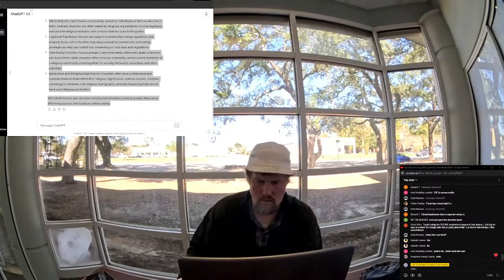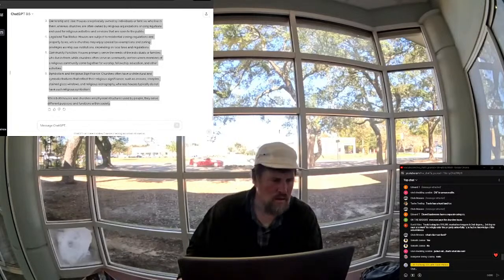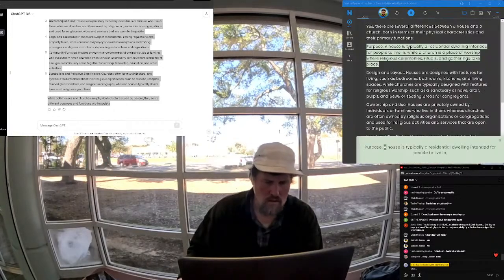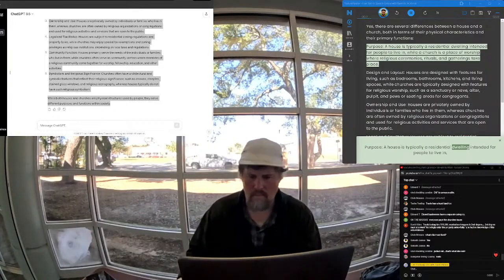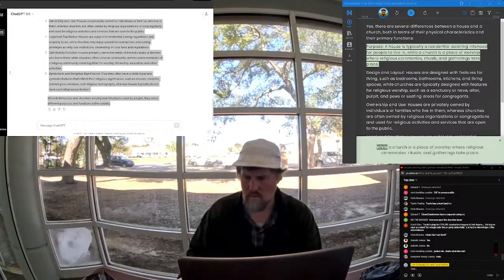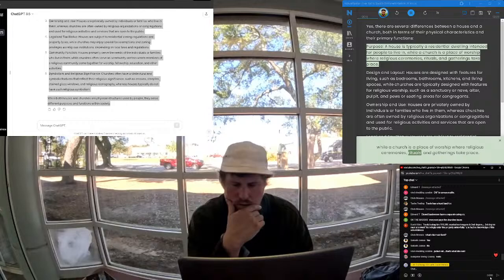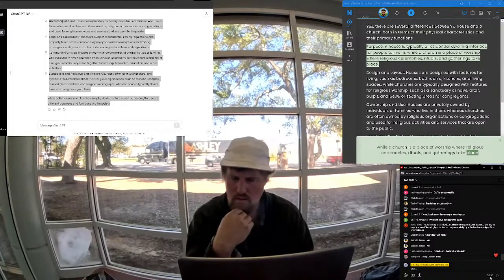Yes, there are several differences between a house and a church, both in terms of their physical characteristics and their primary functions. Purpose: a house is typically a residential dwelling intended for people to live in, while a church is a place of worship where religious ceremonies, rituals, and gatherings take place.